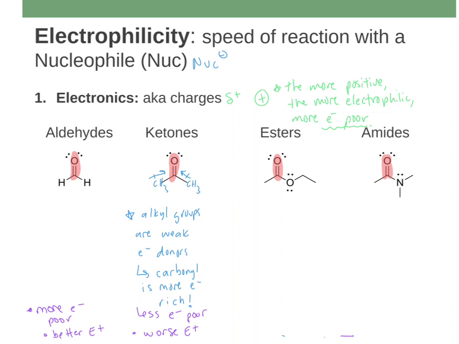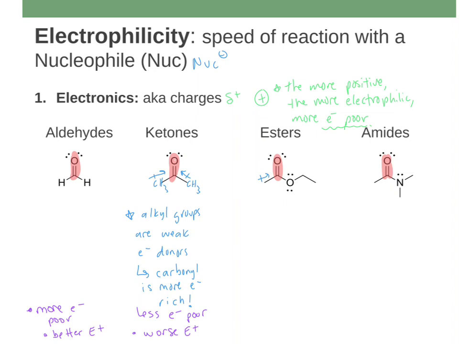Now, if I go and look at my esters and my amides here, right? If I look at this ester, yes, I have an alkyl group here, but then I also have an O. And the question is, what is that O going to do? Again, we're going to think back to what we did for electrophilic aromatic substitutions when you had your donators and withdrawers, your activating groups and deactivating groups. Same ideas here. We said that an O attached to a phenyl ring acted like an electron donor because of resonance, because of electron delocalization.